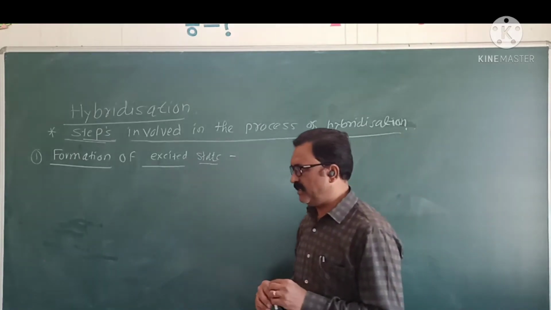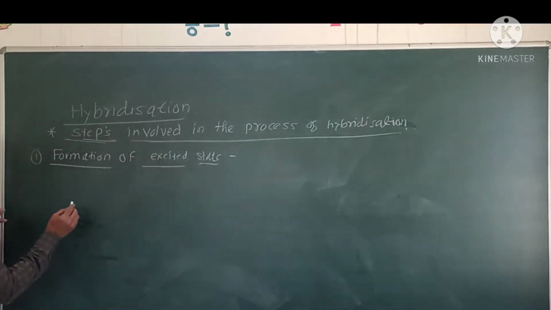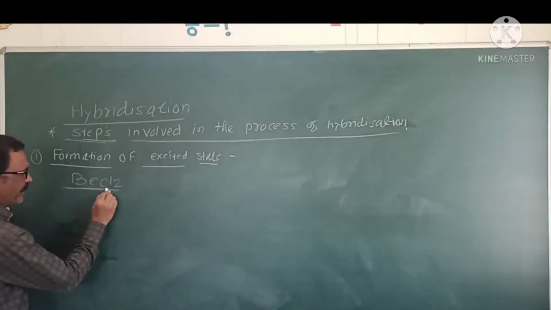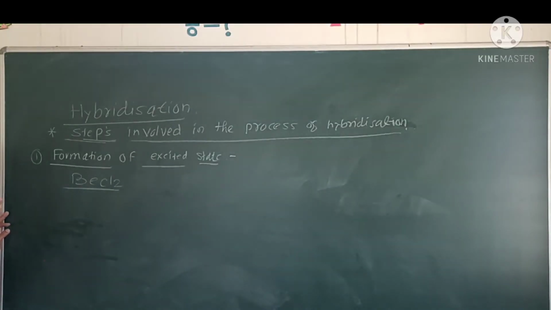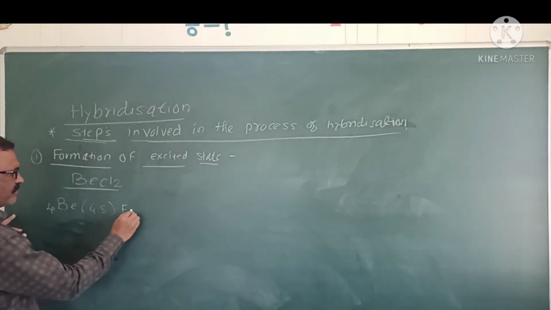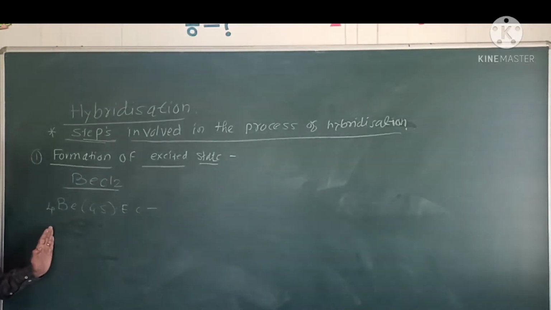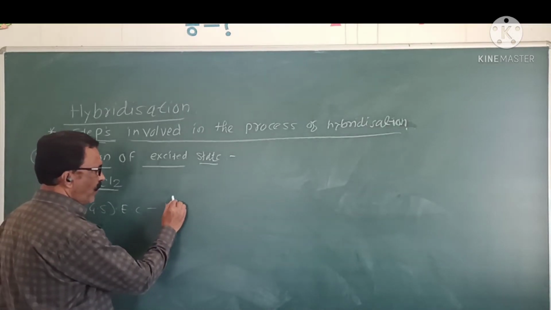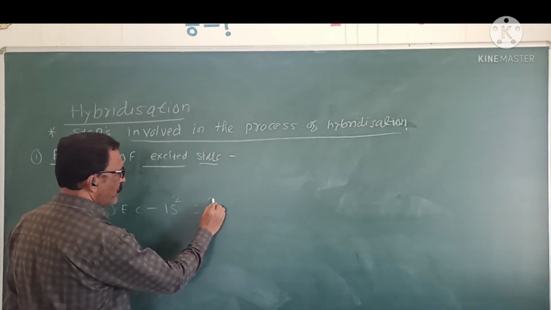For example, consider the formation of BeCl2 molecule, beryllium dichloride. Beryllium, having atomic number 4, has its ground state electronic configuration 1s2 2s2.